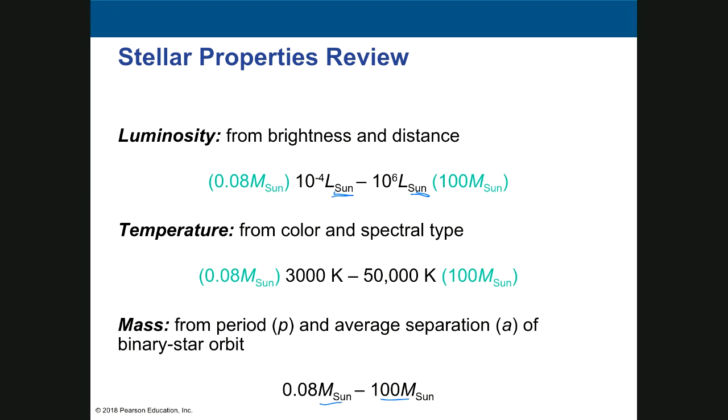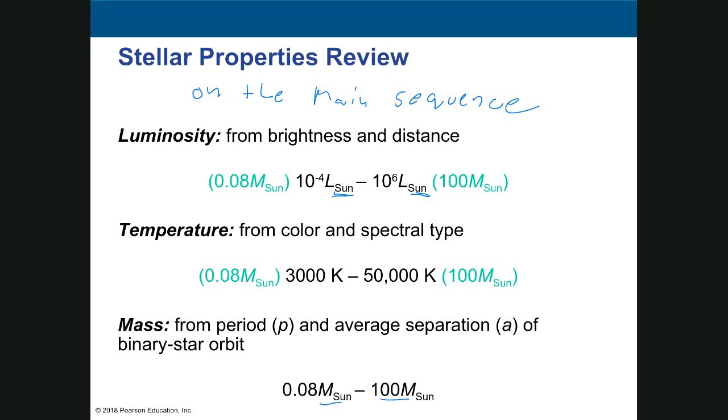Now these represent the stellar property review on the main sequence. Okay? So you'll notice that luminosities, temperatures, and mass all track with each other as long as you're on the main sequence.